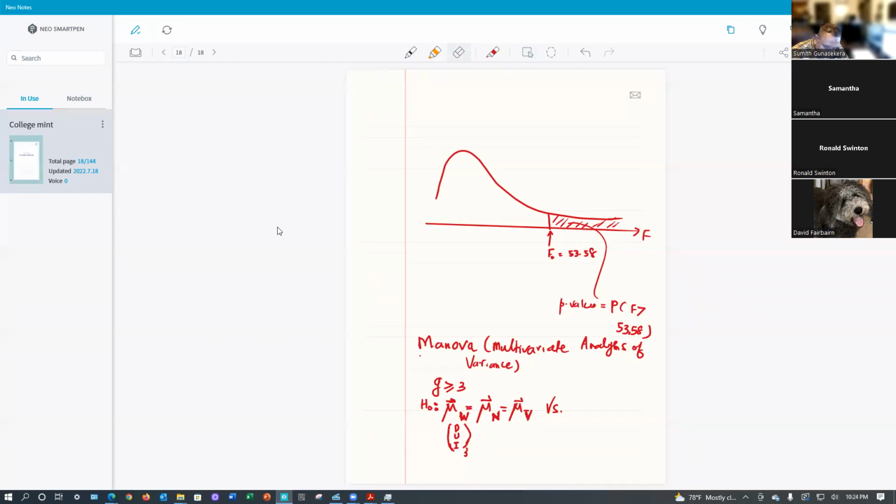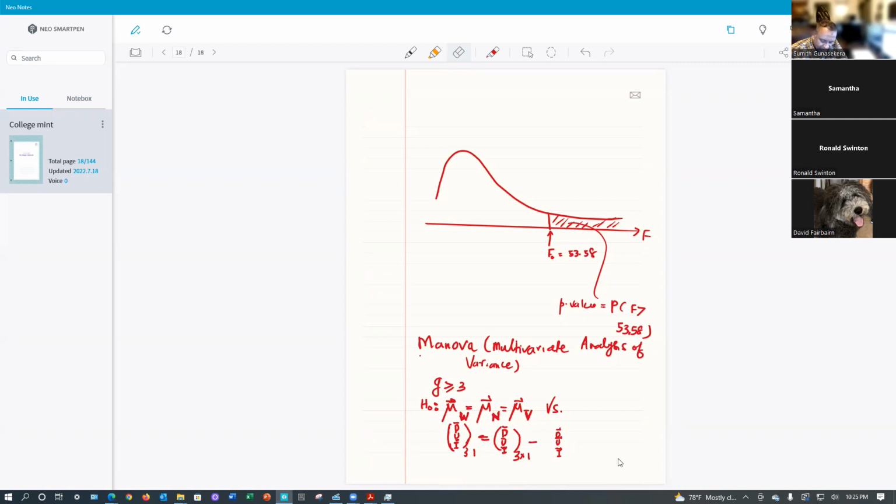So you're gonna find its mean. So you have a 3 by 1. Same way for this group, you have a difficulty mean, usefulness mean, and importance mean.